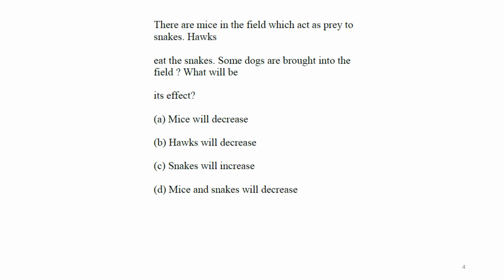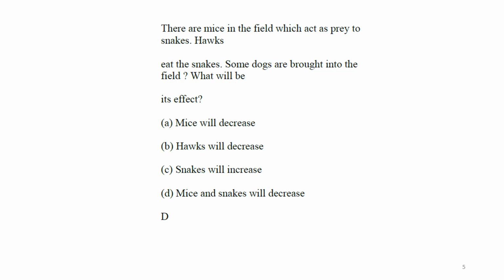Next question says there are mice in the field which act as prey to the snake. Hawks eat the snakes. Some dogs are brought into the field. What will be its effect? Mice will increase, hawks will increase, hawks will decrease, snakes will increase, mice and snakes will decrease.